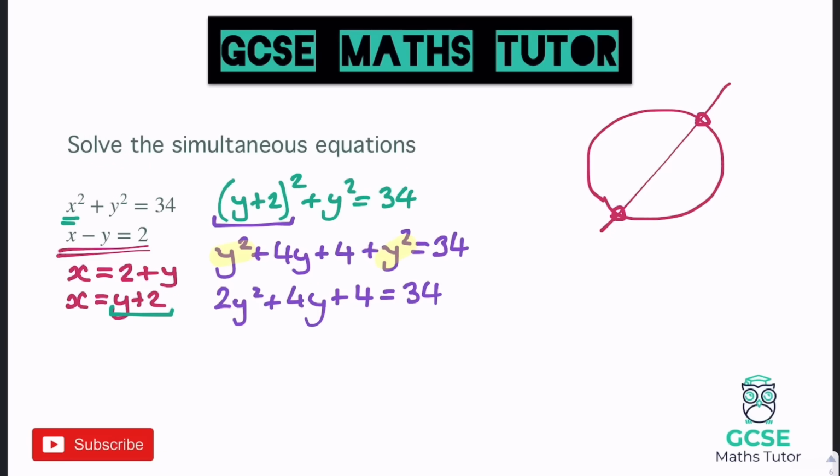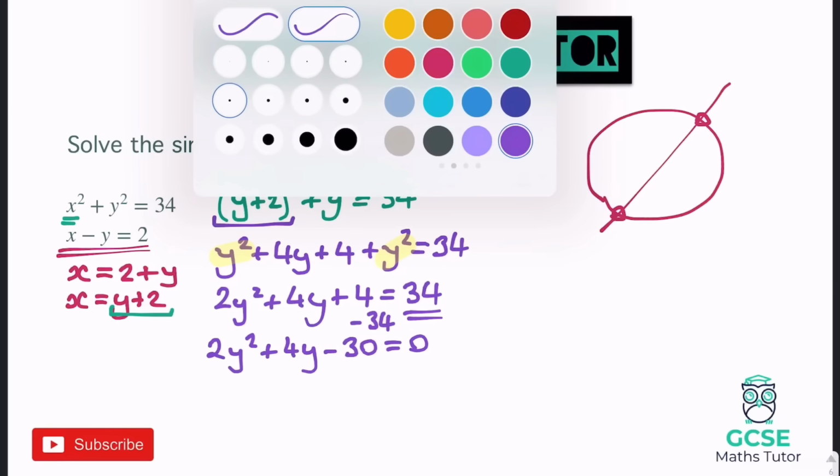It's a quadratic, so we can only solve that once it equals 0 at the end, so we need to minus 34 from both sides. So we get 2y squared plus 4y, and 4 minus 34 is minus 30, and that now equals 0.